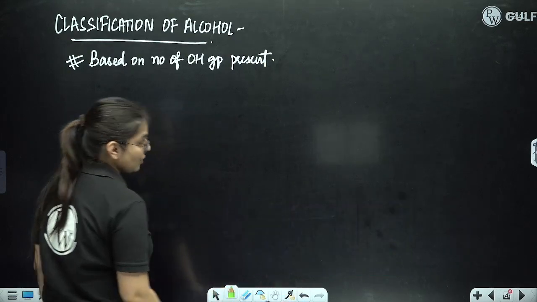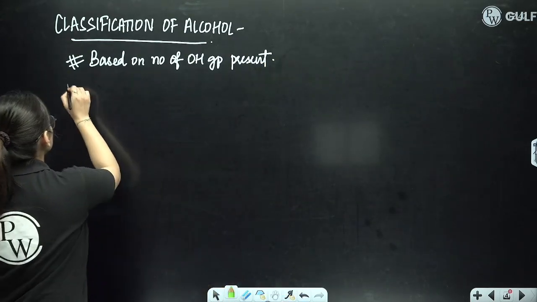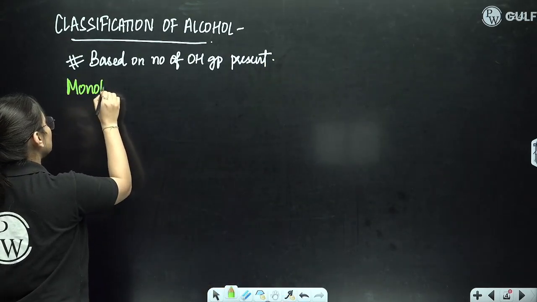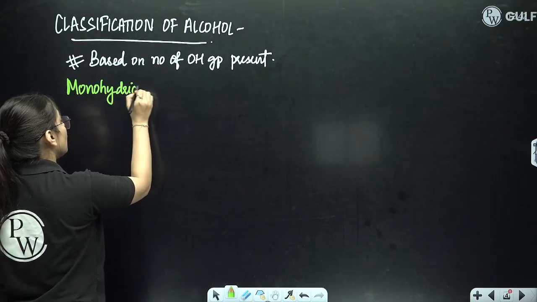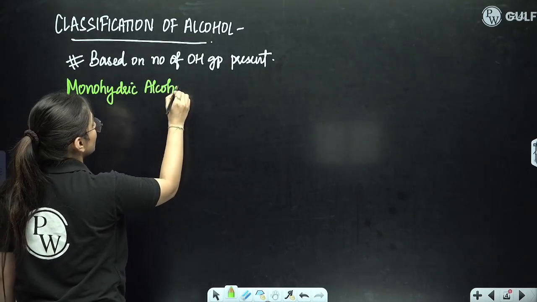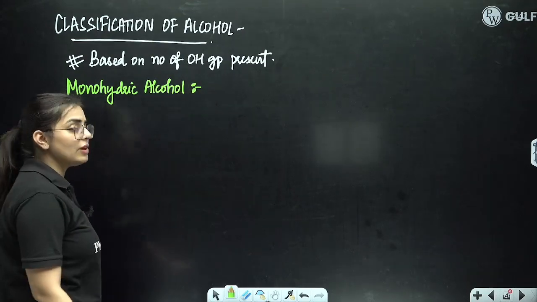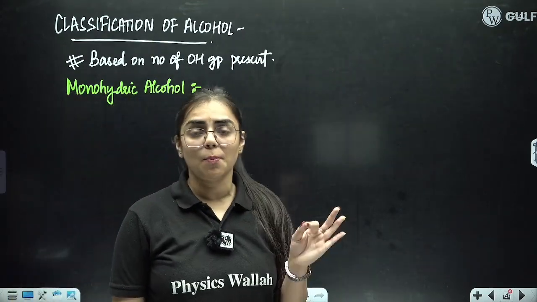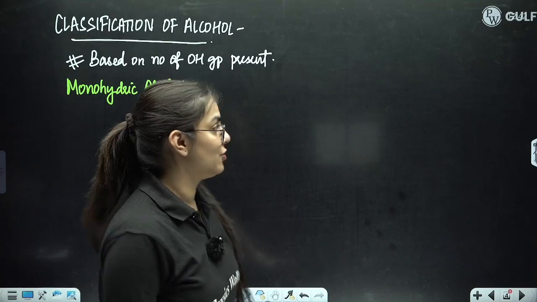Now, students, if I am talking about this part, the very first is monohydric alcohol. What is a monohydric alcohol? When there is only one OH group present in a compound, that creates your monohydric alcohol.